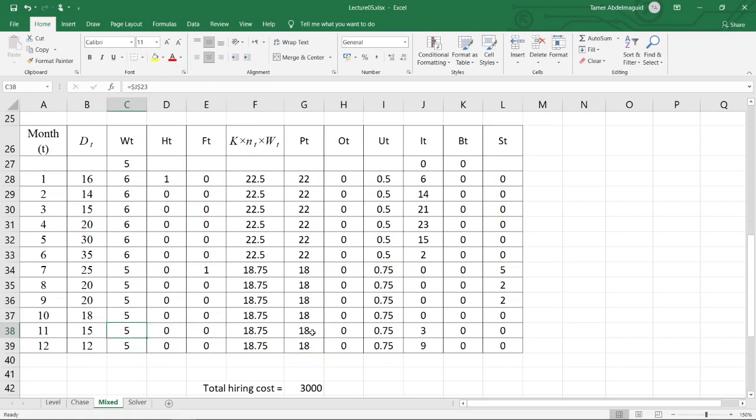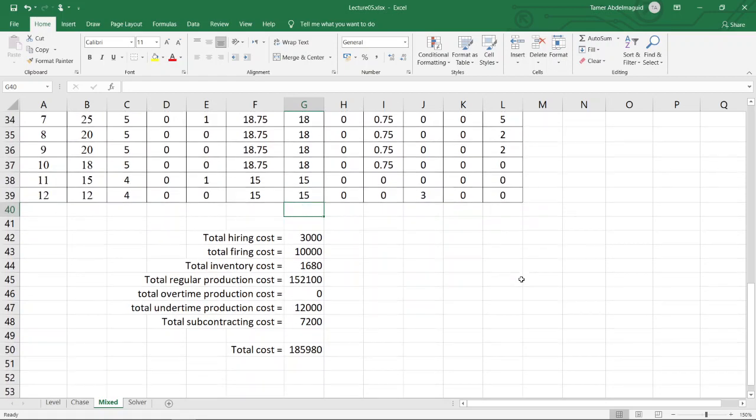Somebody might say, I might have only 4 workers here, and in this case, you don't have undertime, so your undertime will be 0. And this means your production is going to be exactly 15 here, and again 15 here. So this will reduce the inventory at the end of the planning horizon, while maintaining level production for the last 2 months. I can change my plan as such.